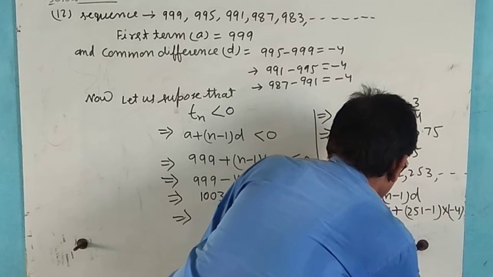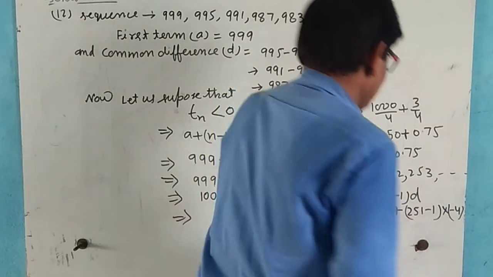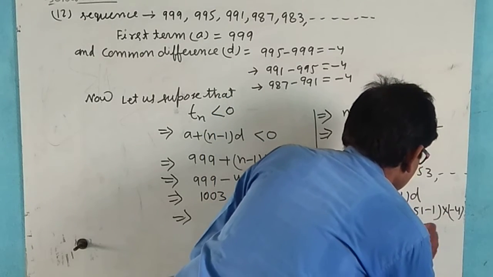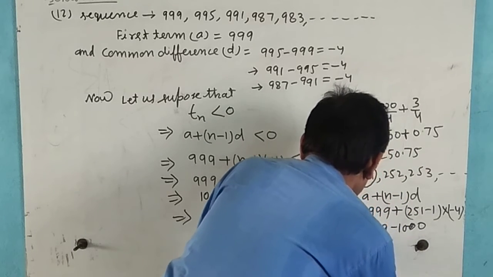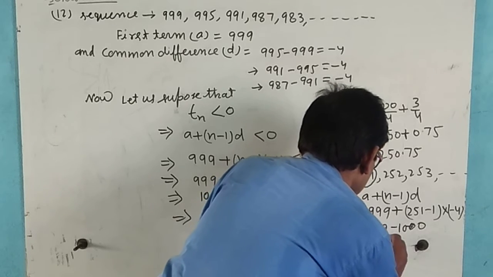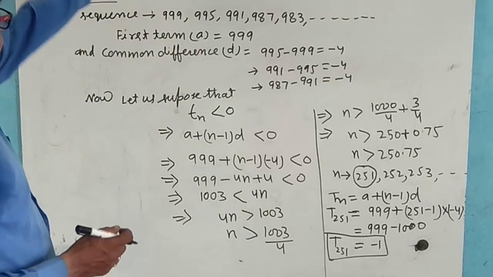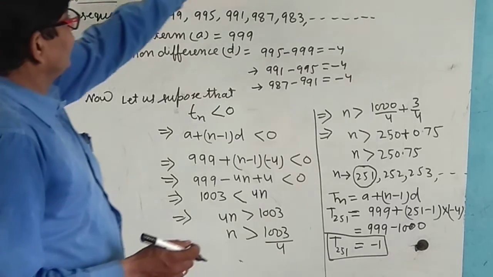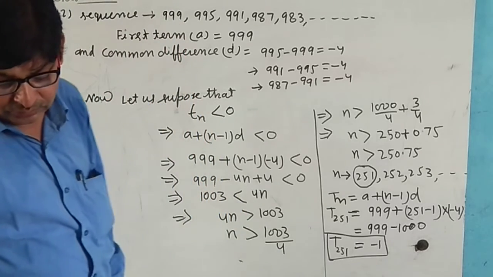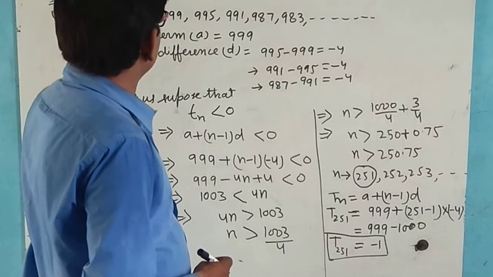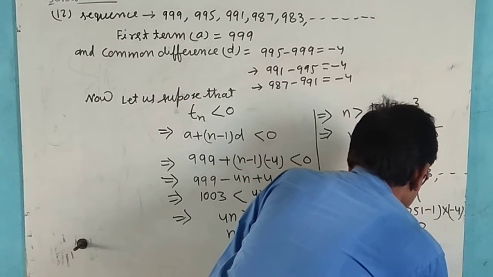This is 999 minus 1000, so this is minus 1. So the first negative term of the sequence is minus 1.